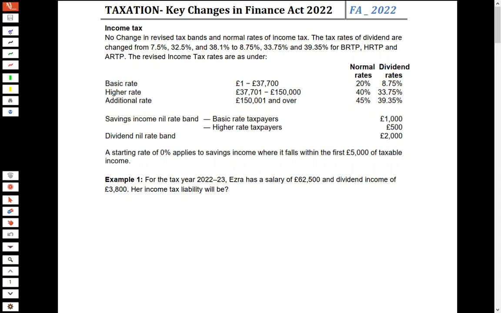Just to highlight, this Finance Act is applicable for the exam sittings in June 23, September 23, December 23, and March 24.